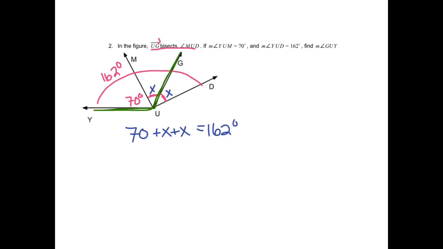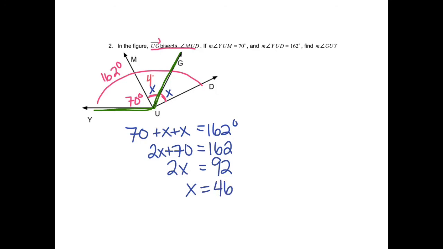These three angles put together equal this total 162 degrees, and we can solve for x as a first step. So now I know that the measures of these angles are each 46 degrees.